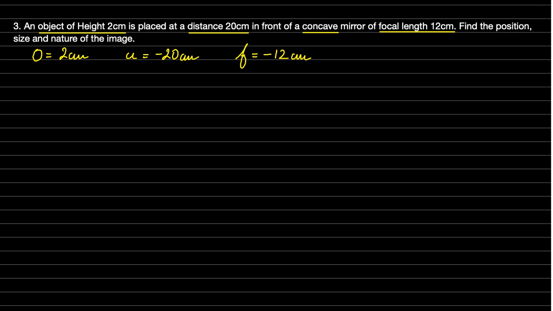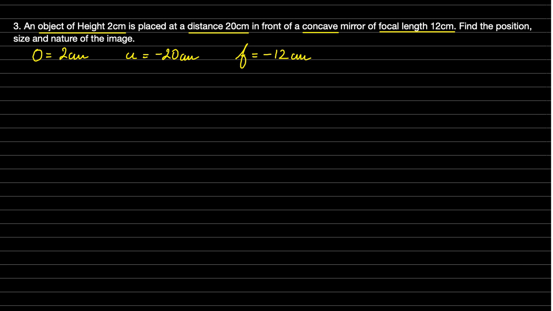The focal length is minus 12 centimeter, object distance is minus 20 centimeter, and the height of the object, capital O, is equal to 2 centimeter, and it will be positive. Remember, height of the object will always be positive, object distance will always be negative.